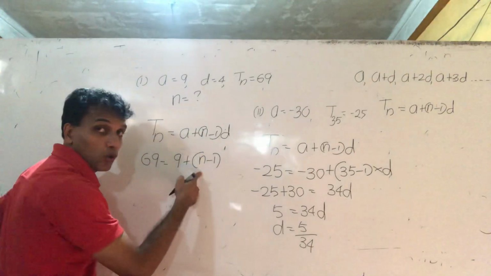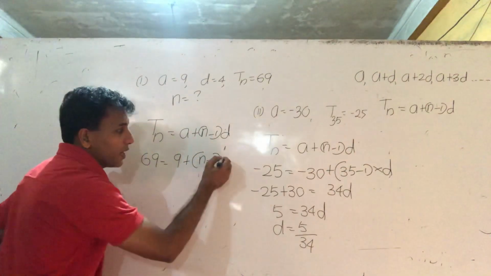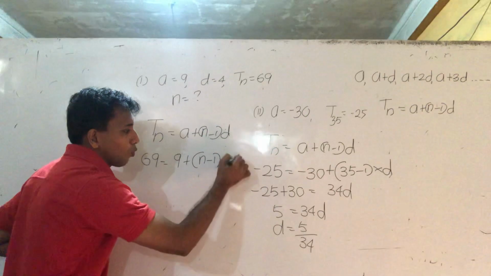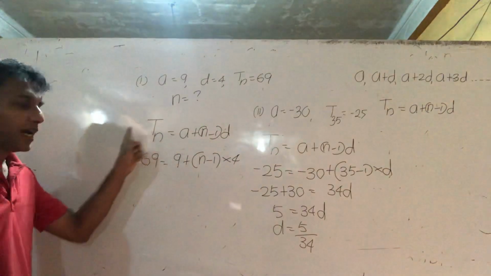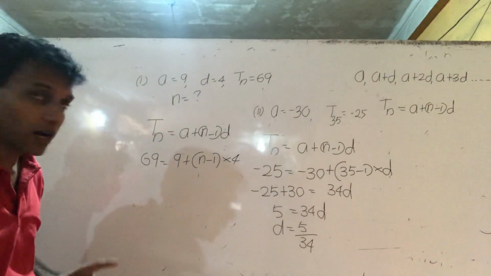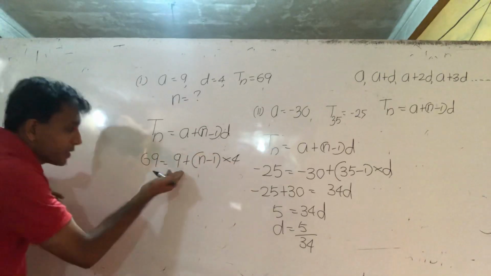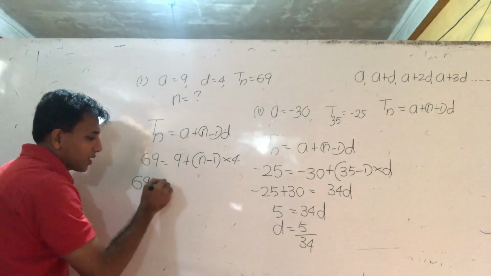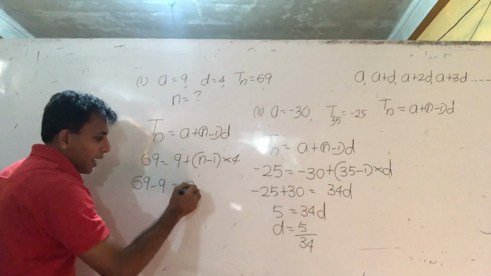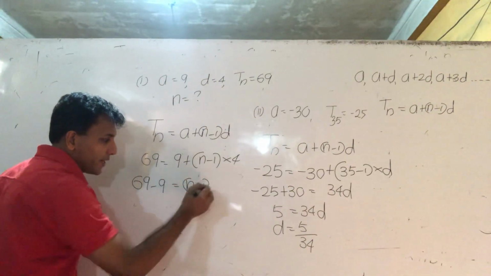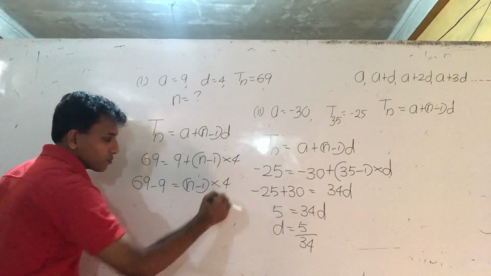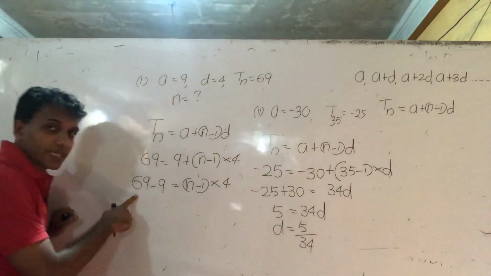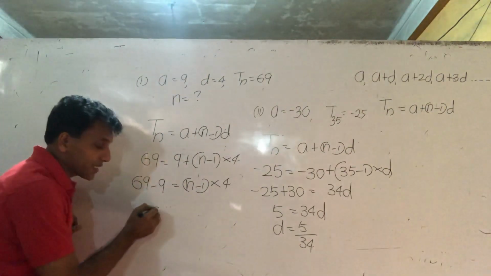We don't know what N is. Into D, which is 4. This is the idea of solving. See how to find the N answer. Take the 9 to this side, subtract: 69 minus 9 equals n minus 1 into 4. Okay, 69 minus 9 is 60.